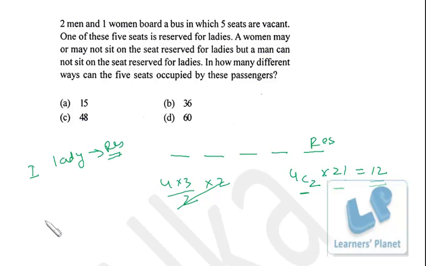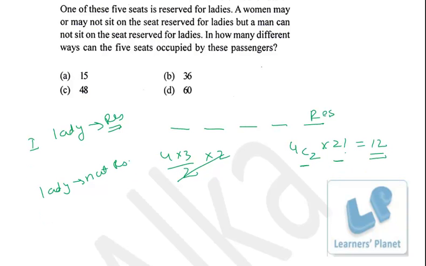If this lady is not sitting on the reserved seat, that means nobody else can occupy this seat because there is just one woman, and nobody is sitting on this seat. That means all these 2 men and 1 woman are sitting in these 4 places. Out of these 4 places we need to select 3 places.